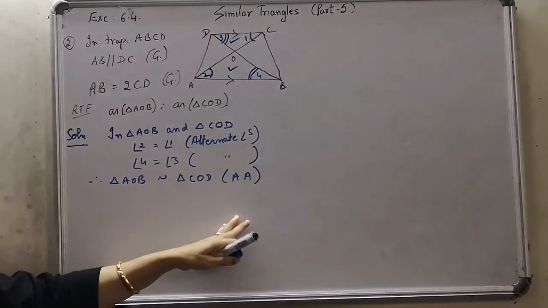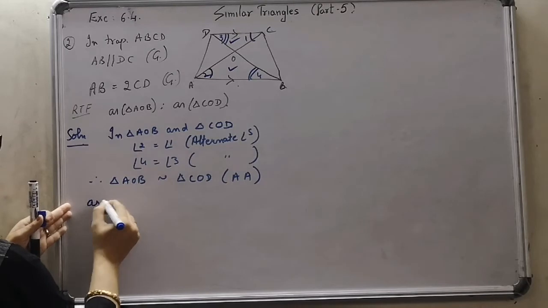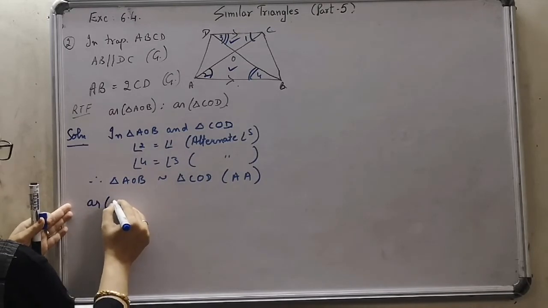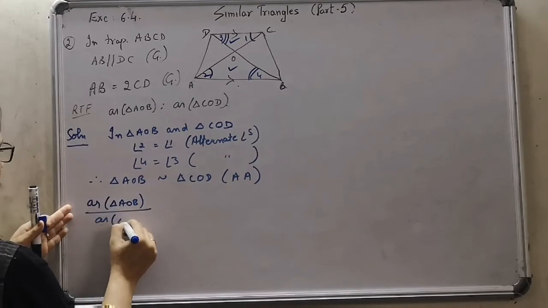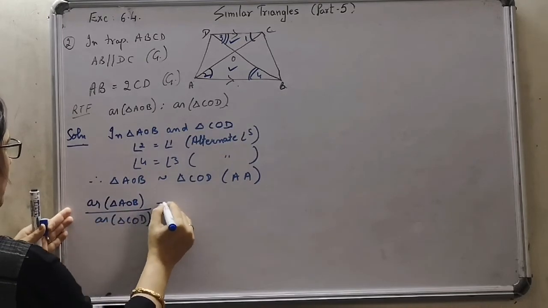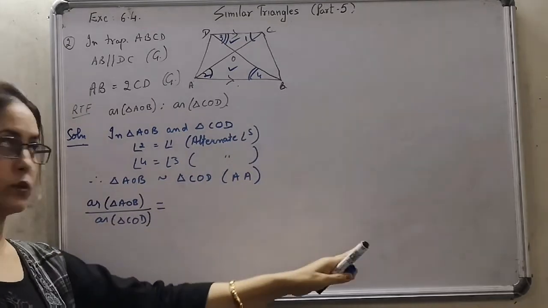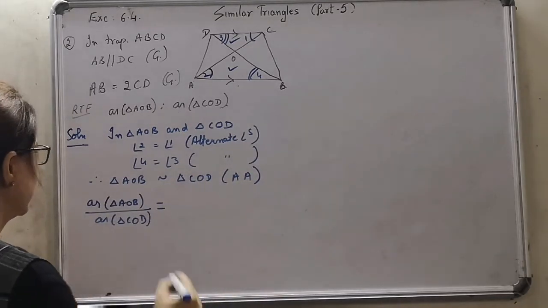Now that the triangles are similar, the ratio of their areas, area of triangle AOB upon area of triangle COD, will be equal to the ratio of the squares of their corresponding sides. So what's that?